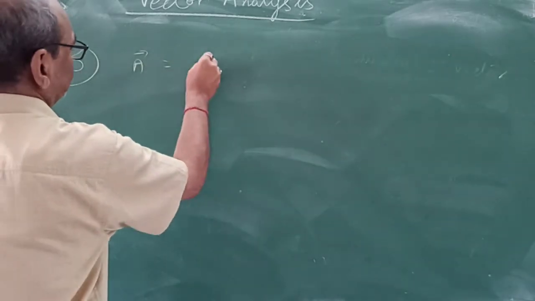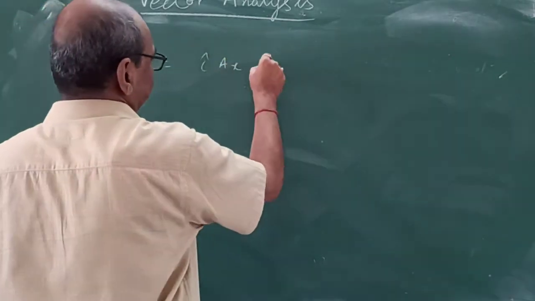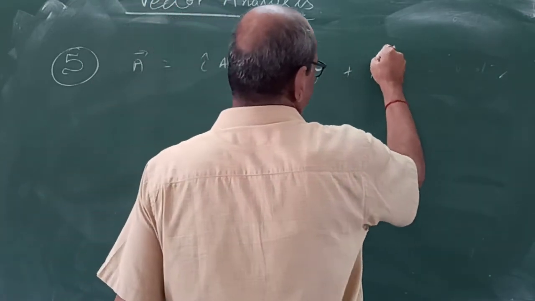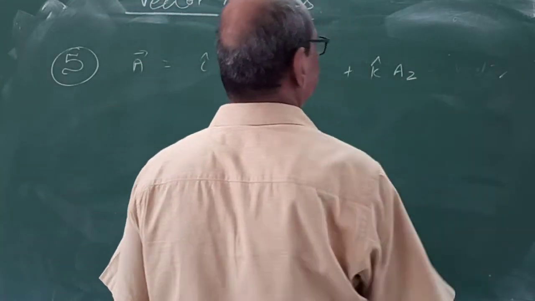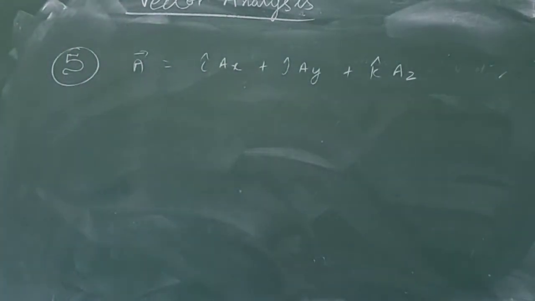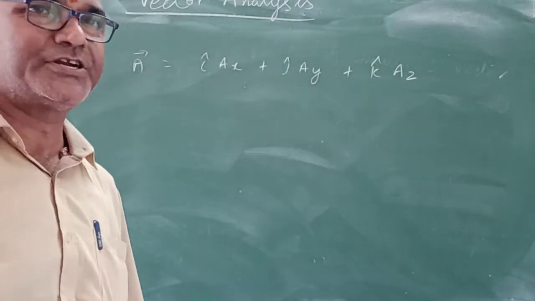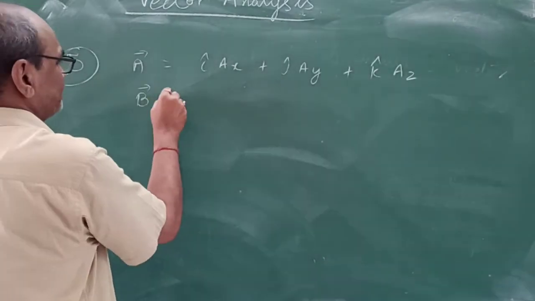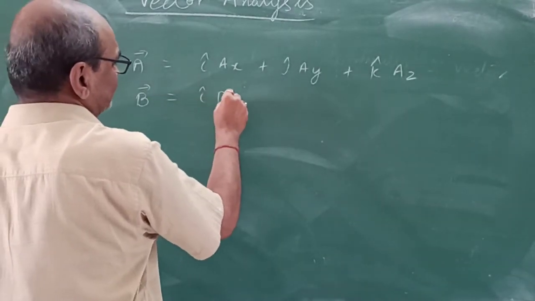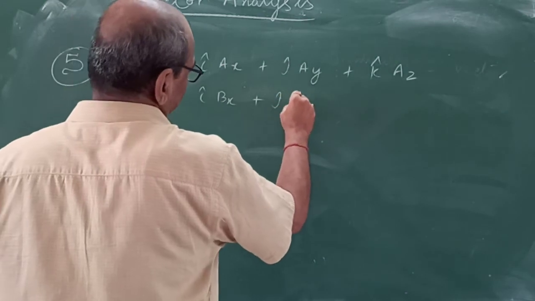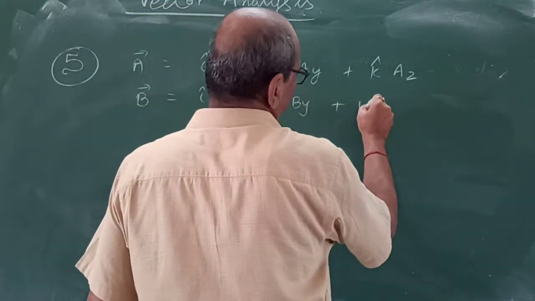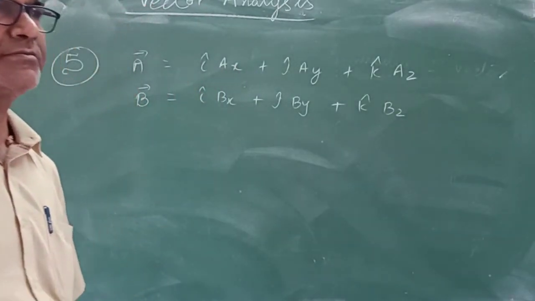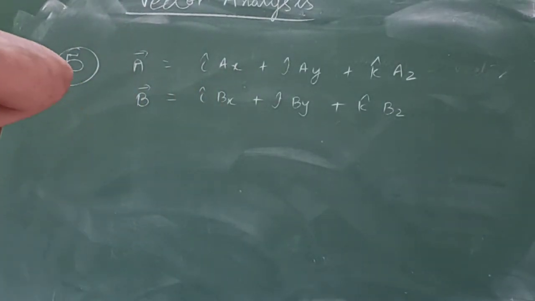Vector A is equal to i Ax plus j Ay plus k Az. All of you know that one. That is the rectangular resolution in 3 dimensions. Similarly, vector B is i cap Bx plus j cap By plus k cap Bz.